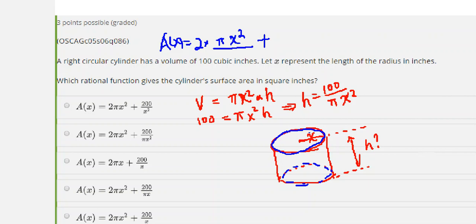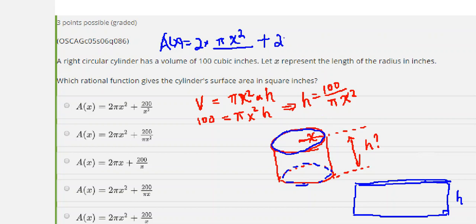this cylinder. So if you cut it and unwrap this cylinder, the side looks like a rectangle, right? This is the height, and the length is just the circumference of your circle. So what is the circumference of a circle?